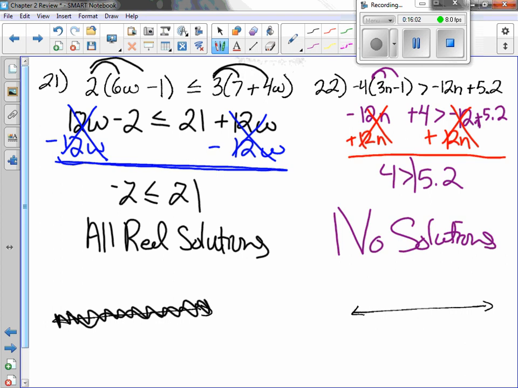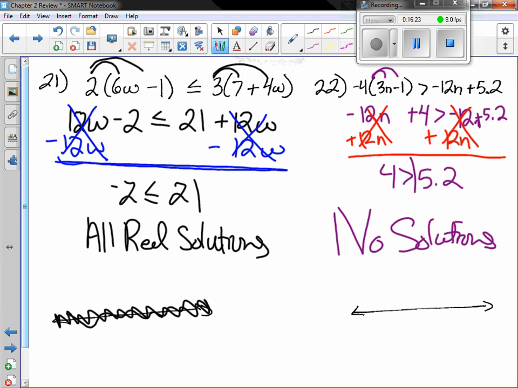Now, for most of the problems that we'll have, I don't normally like doing no solutions. But with some of the absolute value ones, I will put them in there because, again, it's really seeing that absolute value can't be less than a negative. It's kind of the big key point.